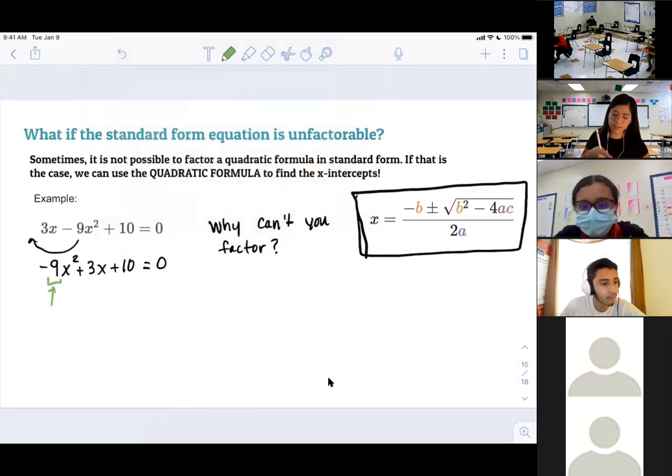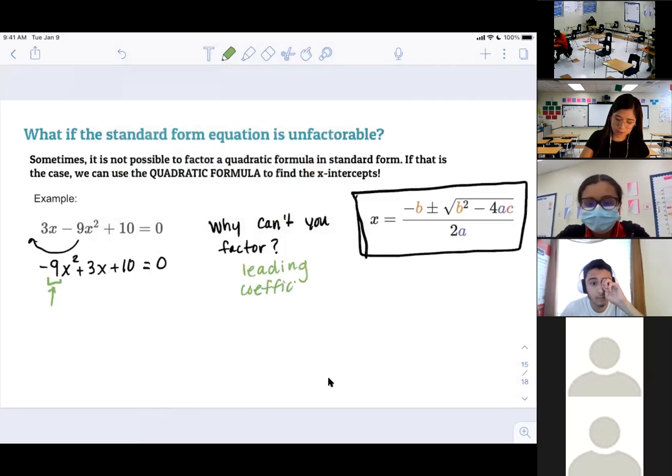But in Algebra 1, we're only going to factor things if there is no leading coefficient. So the reason we can't factor is because the leading coefficient is not 1. We want it to be a 1, but it is a negative 9. So I can't really do much. So that's where the quadratic formula comes in.